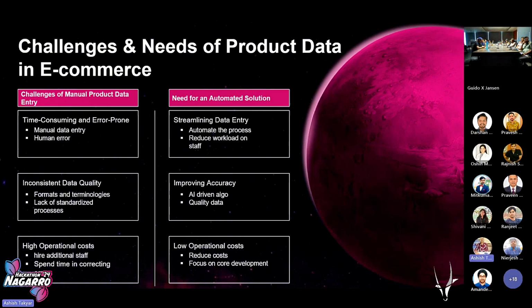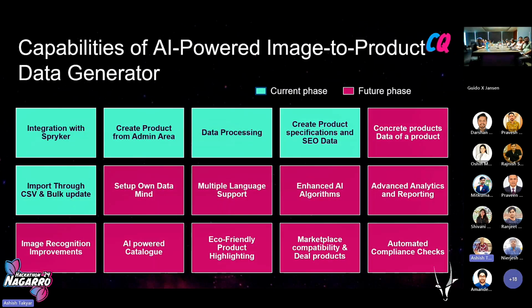We found a similar need in the system: to streamline the data entry work, increase the efficiency and accuracy of the data, and reduce the operational cost, we thought of this tool. Next, we have the capabilities of this tool.